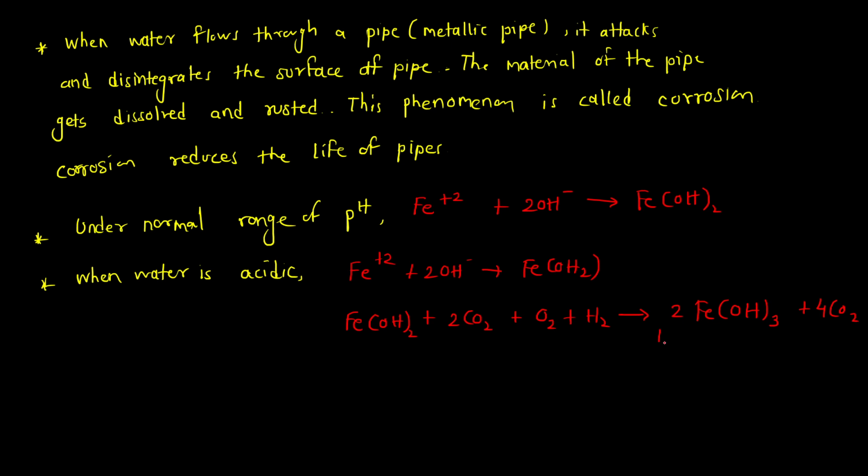Okay. So this substance which is formed here is a precipitate and it is sticky to the pipe surface. We have seen that tuberculation. So that tuberculation is due to this compound which is formed. There is no need to remember this. I have just given it for your extra information.